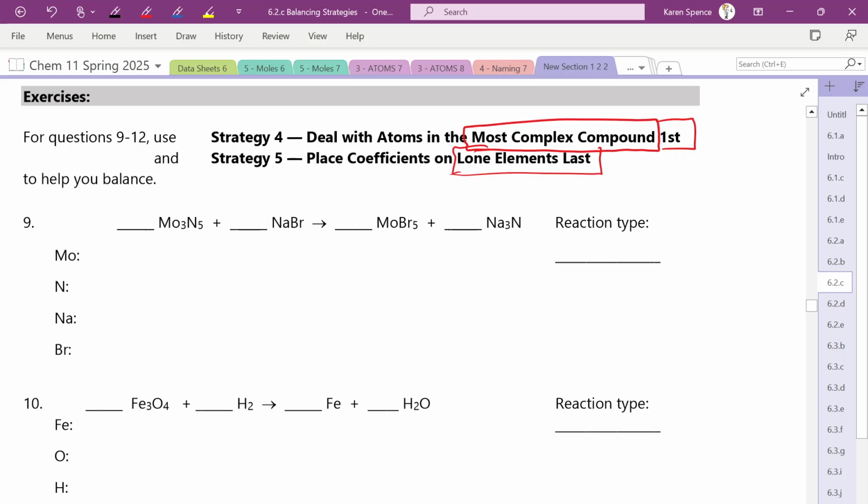Well, you have 3 lithiums. So now you have 4 metals.